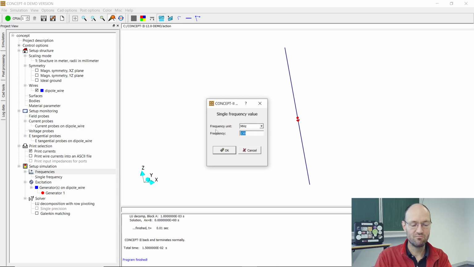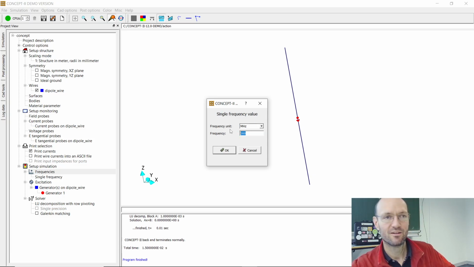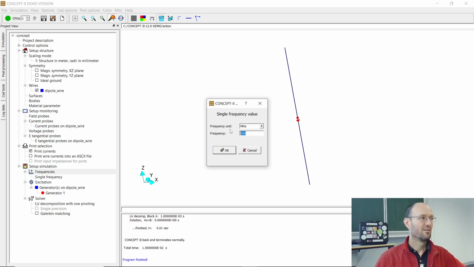And yeah, what would you expect if we double the frequency? If we double the frequency, what happens to the wavelengths? We have half of the wavelengths, and so now we have at 300 megahertz, what is the wavelength? It's 1 meter. So our dipole antenna has the same length as the wavelengths.